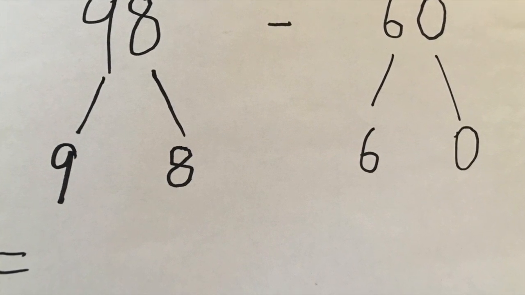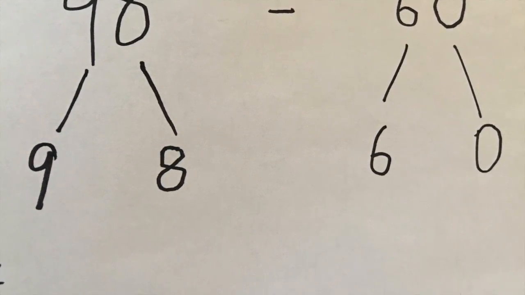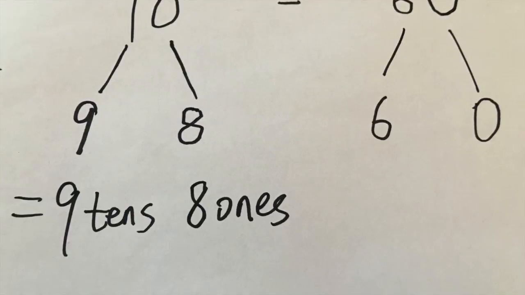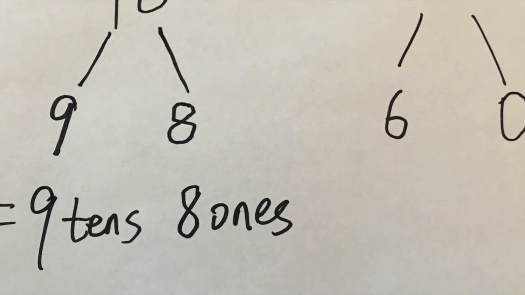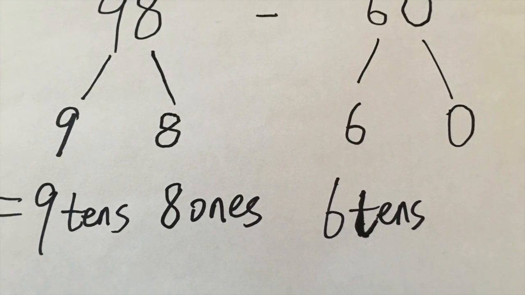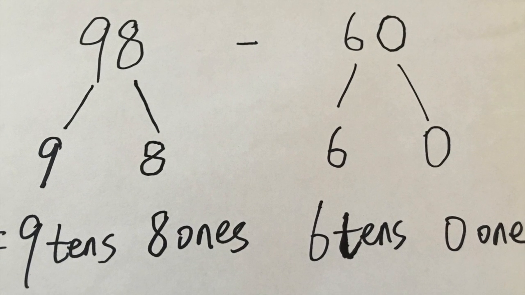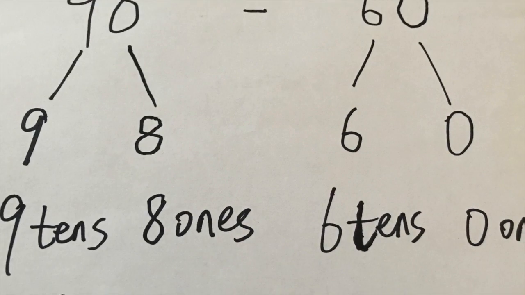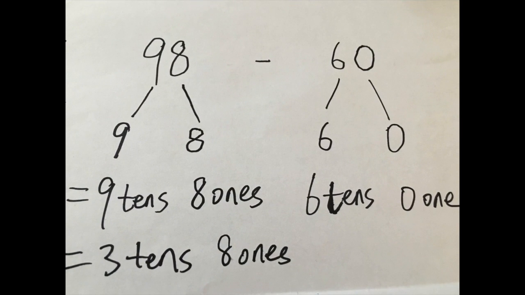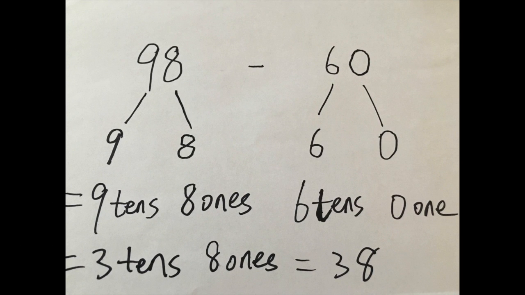So now we have 98 and 60, and we know that 9 is tens, 8 is ones, 6 is tens, and 0 is ones. Next, we need to subtract tens and ones. So 9 subtract 6, we get 3, and 8 subtract 0, we get 8. So the final result is 38.